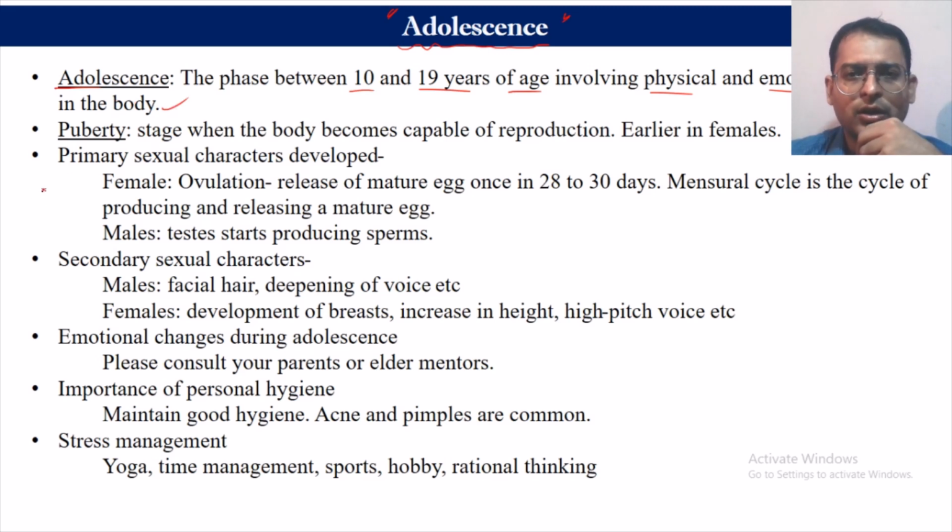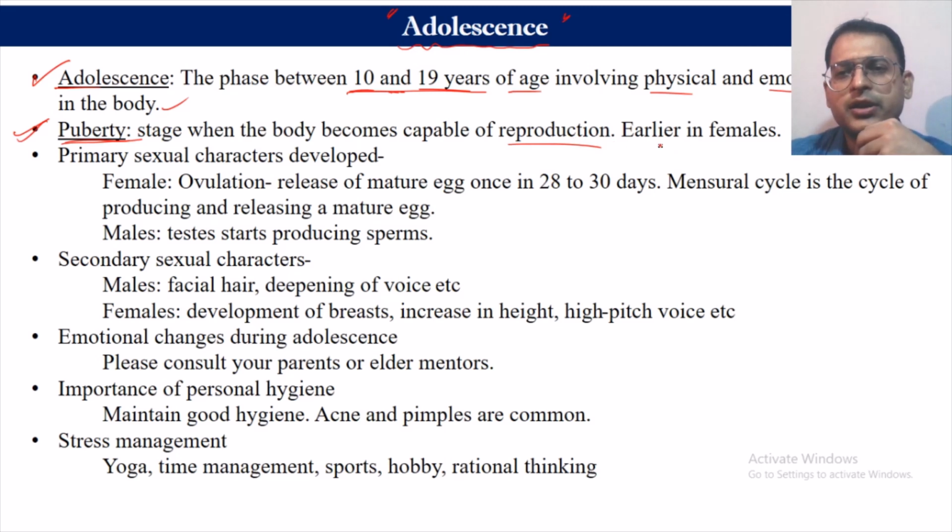There are different stages of life, and adolescence is one of them. During this there is the onset of puberty. What is puberty? It is the stage when the body becomes capable of reproduction.